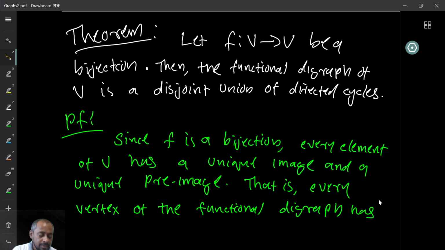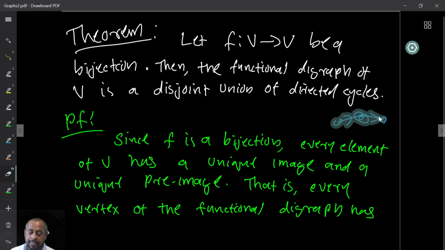Now, what does this say? If a vertex has one incoming edge and one outgoing edge, then the vertex has degree exactly 2, because one incoming and one outgoing, so the total degree of the vertex is 2.